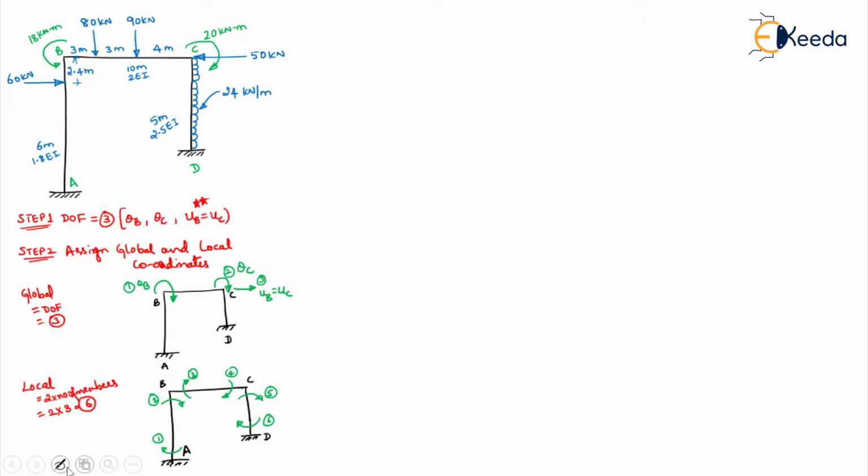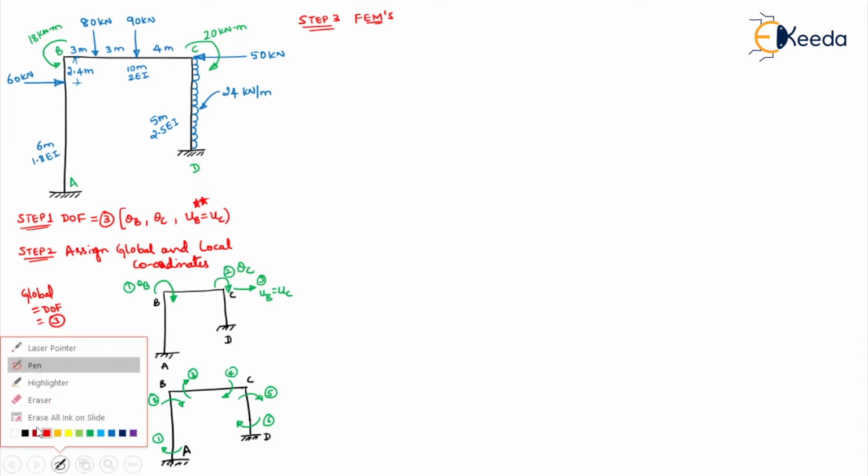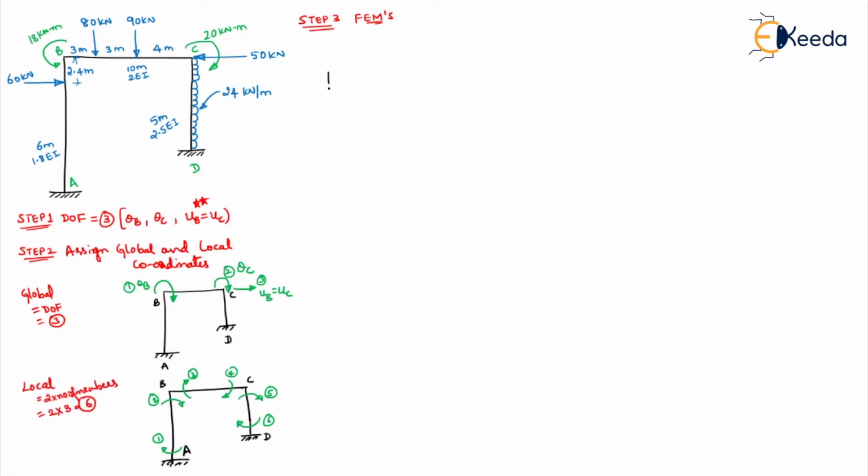Once you're done with this, what is your next step? The next step is to calculate your fixed end moments. So step 3 is FEMs. For that, let us separate the 3 members. We'll do AB here, and then BC here, and then CD.